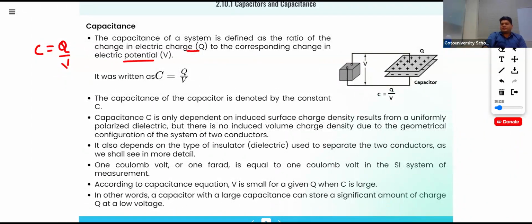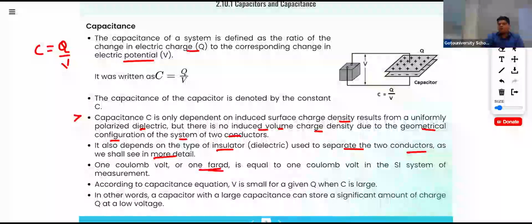The capacitance of a capacitor is denoted by C. The capacitance C is only dependent on the induced surface charge density resulting from a uniformly polarized dielectric. But there is no induced volume charge density due to the geometrical configuration of the system of two conductors. It also depends upon the type of insulator used to separate the two conductors, as we shall see in more detail.